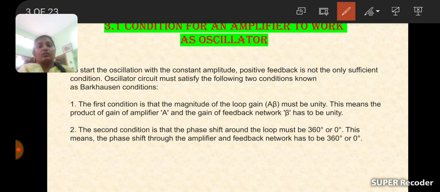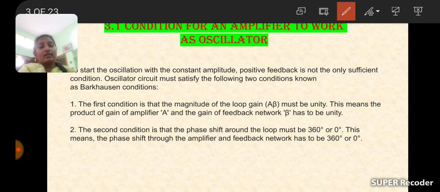Okay, so to start the oscillation with constant amplitude, positive feedback is not the only sufficient condition. The oscillator circuit must satisfy the following two conditions. One condition, as I already said: the total phase shift around the circuit is how much? 360 degrees or 0. Why? Because if a circuit is able to produce a cycle, that cycle is able to produce waveforms.